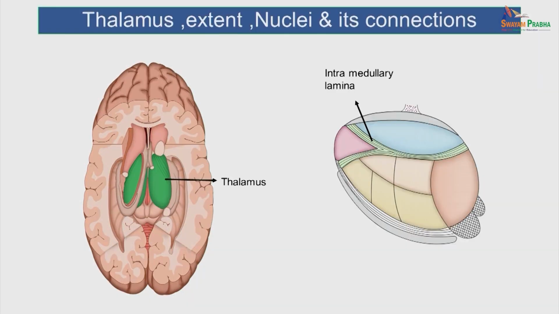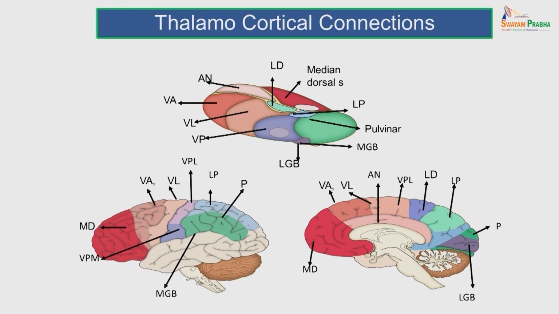So, in the next part of our discussion, we will talk about the thalamocortical connections. So, what are these connections? The different parts of the nucleus, how they are relayed in the cerebral cortex. We have the anterior nucleus, which is relayed in the cingulate gyrus, seen on the medial surface of the cerebral cortex.